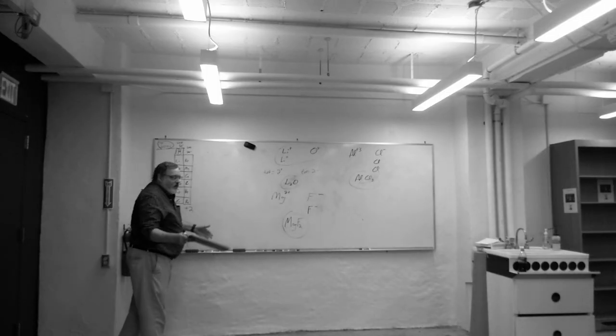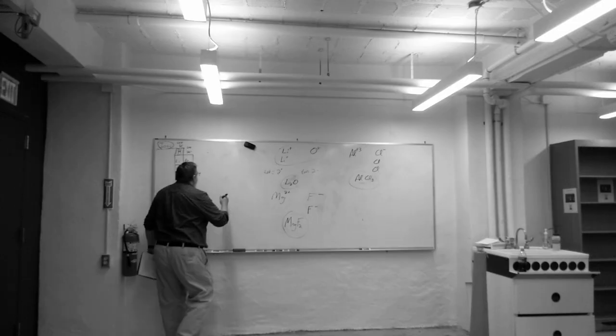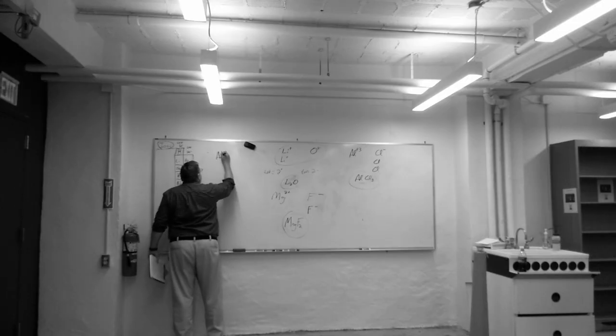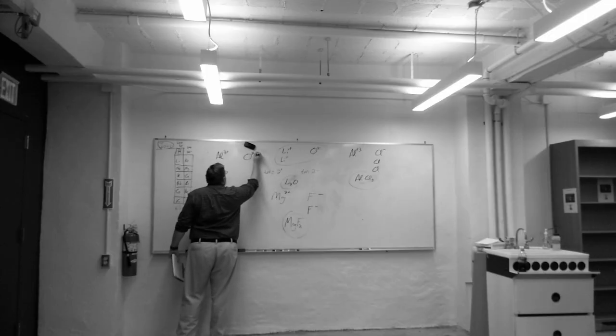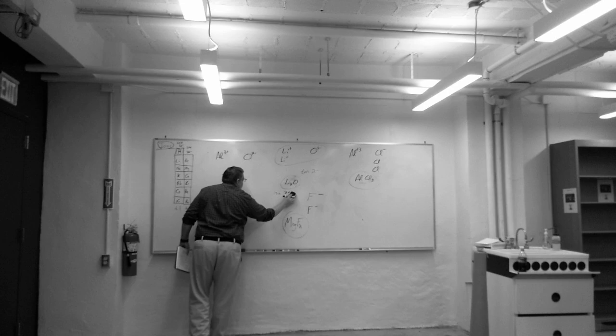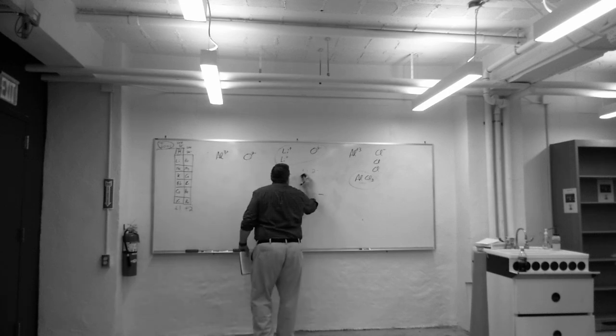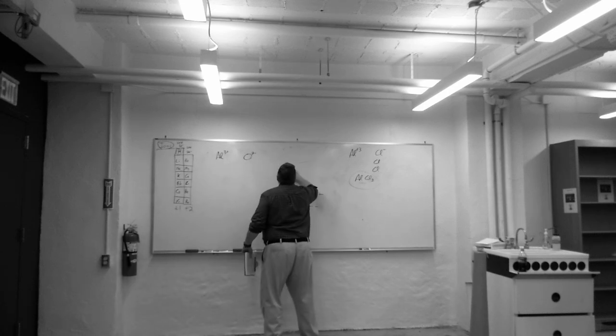Okay, the only weird one of these that show up, what if I do aluminum? What is the charge on oxygen? 2 negative. What's the formula for that? How do you get those to balance?